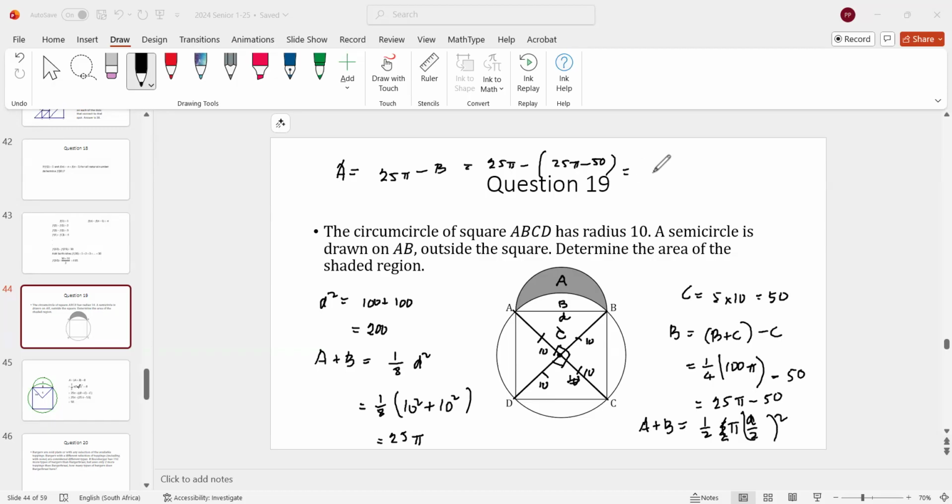And when you subtract these, interestingly, the 25 pi will cancel off. So the area that you're looking for is actually 50 units. I'm sure there's an easy way of doing it, but it's interesting. Yeah. So that's question 19.